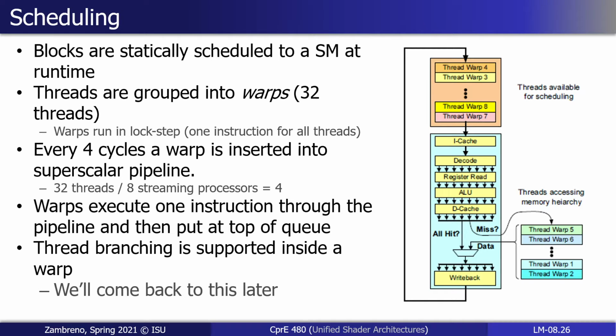But for all the different thread warps, while they may not be perfectly in lockstep with each other, you can have branching within your warp. You can have certain warps that have a data cache miss, and other ones will have data cache hits, so they may get out of sync with each other. But they should be roughly in the same region of your block of code at any given time.